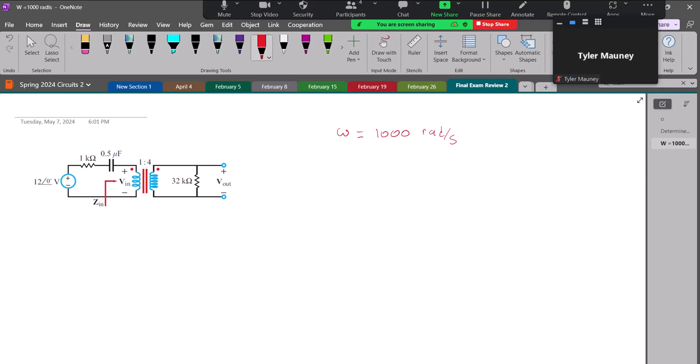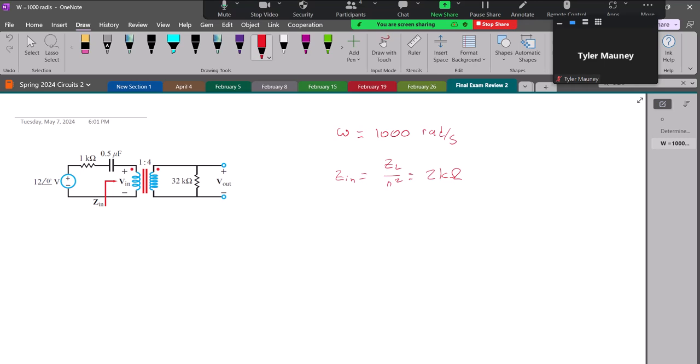And the dot is still on the same side. And so Zn is going to be the same as Z load over N squared. We got that it was 2 kiloohms last time, and it still is.